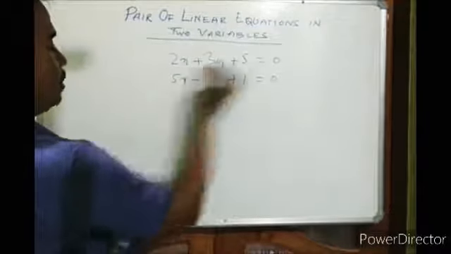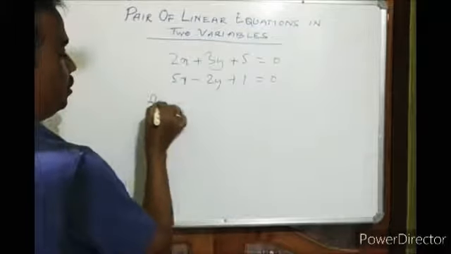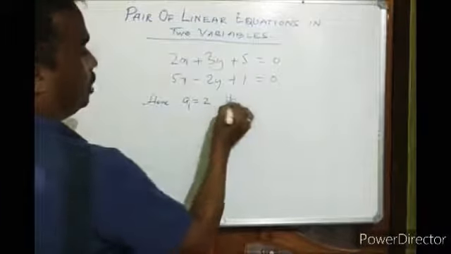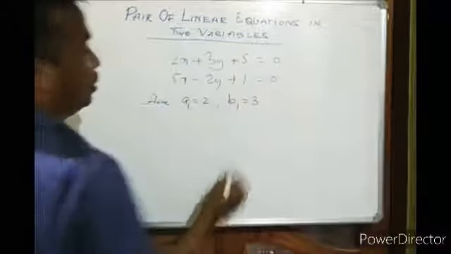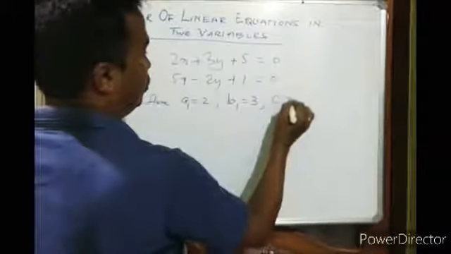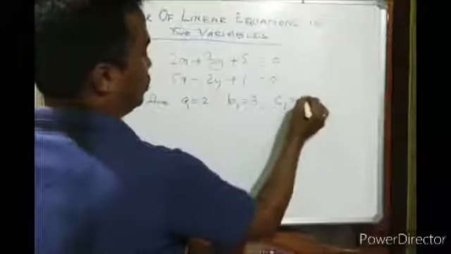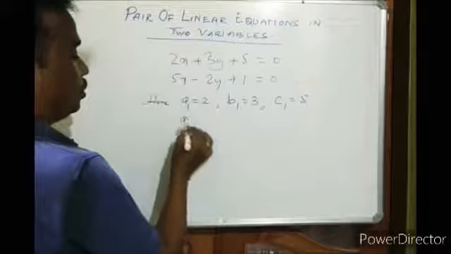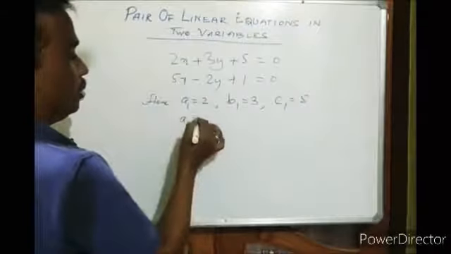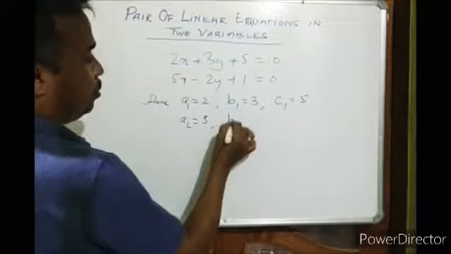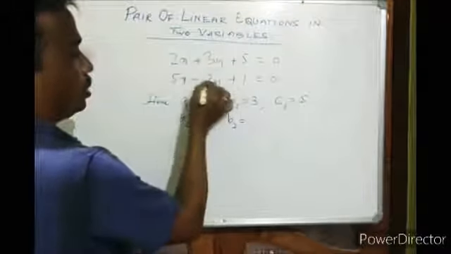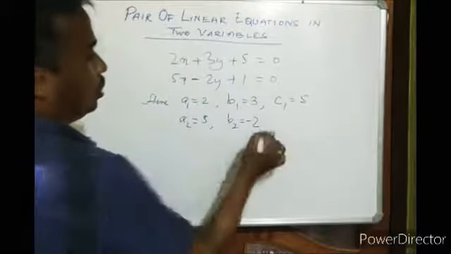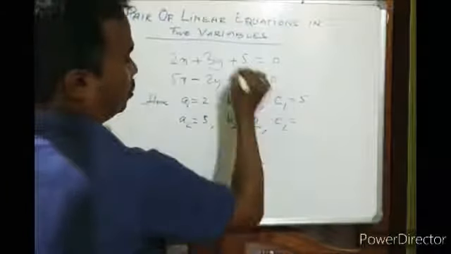In the first equation, a1 is equal to 2, b1, the coefficient of y, is equal to 3, and c1, the constant term, is equal to 5. In the second equation, a2, the coefficient of x, is equal to 5, b2, the coefficient of y, is minus 2, taking the minus sign, and c2 is equal to 1.